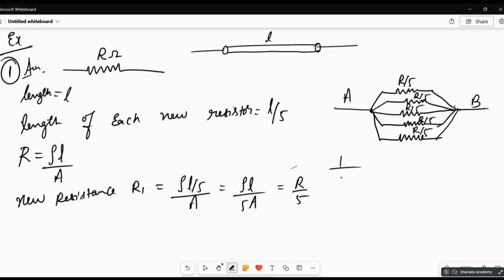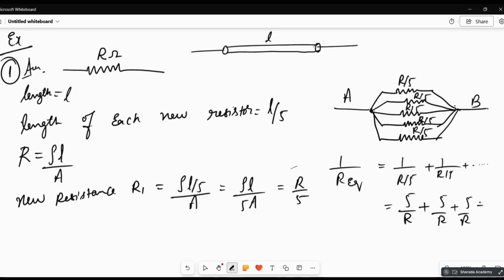So what will be the equivalent resistance? 1 by R equivalent is equal to 1 by R by 5 plus 1 by R by 5, like that 5 terms. So what you will get? 5 by R plus 5 by R, 5 by R plus 5 by R plus 5 by R. R is common. Add everything, we get 25 by R, which is equal to 1 by R equivalent. R equivalent is equal to R by 25.